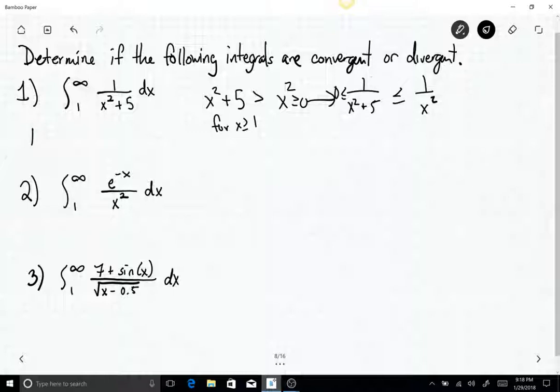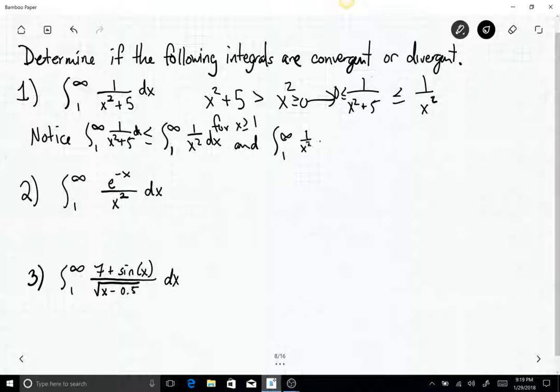And notice, the integral from 1 to infinity of 1 over x squared plus 5 dx would have to then be less than or equal to the integral from 1 to infinity of 1 over x squared dx, and the integral from 1 to infinity of 1 over x squared dx is convergent.